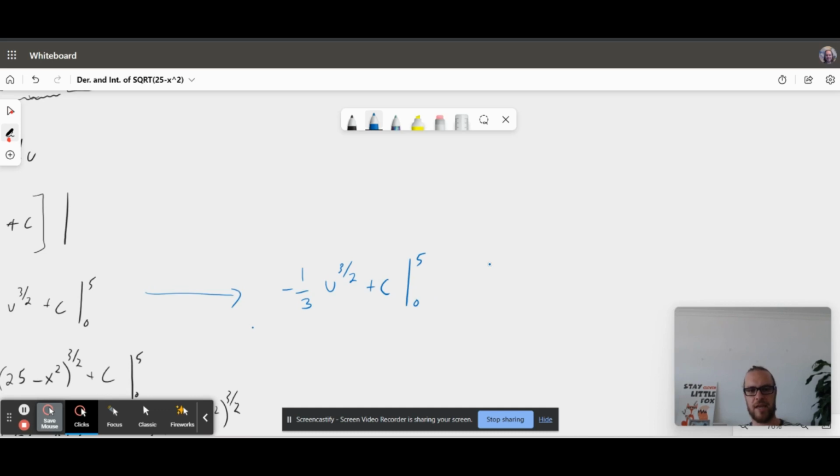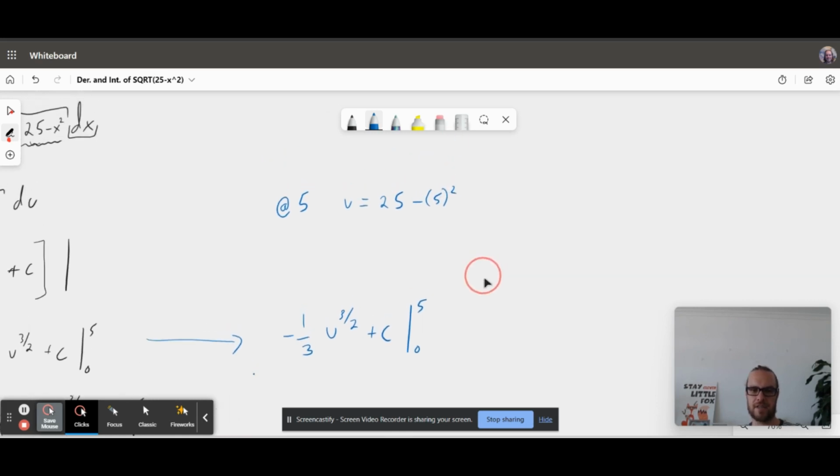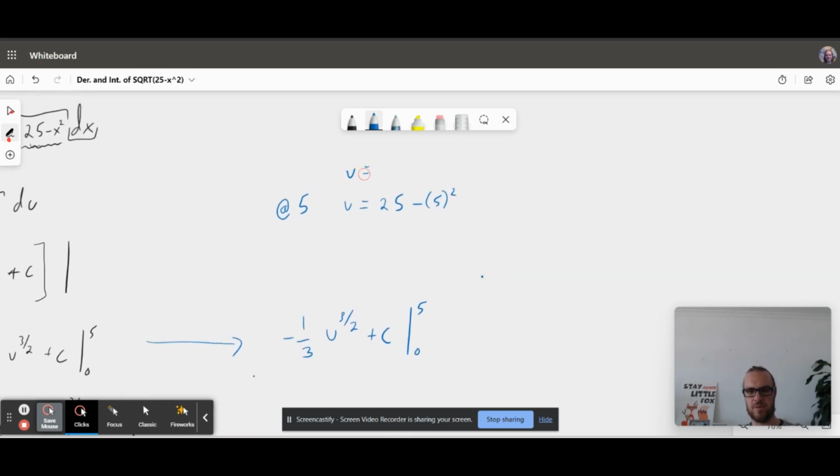So what we want to do is change those boundaries, okay? So we need to change our two boundaries, and so we're going to change the one at 5, which means that in reality u is going to be equal to 25 minus 5 squared, because I'm simply plugging 5 in for x. Remember, our original substitution was u is equal to 25 minus x squared. So I'm putting in 5, okay?